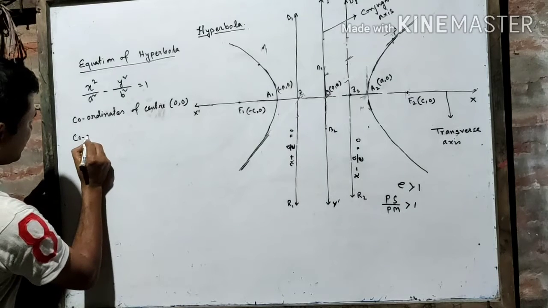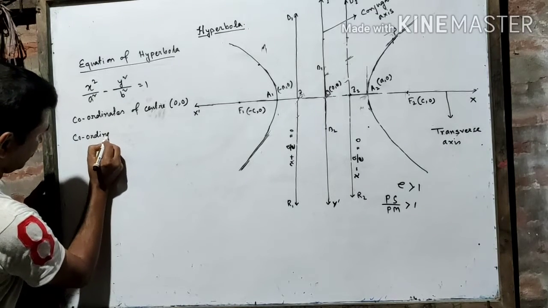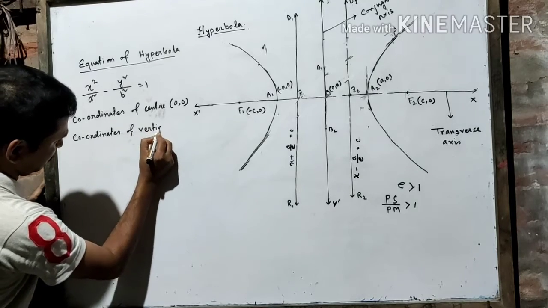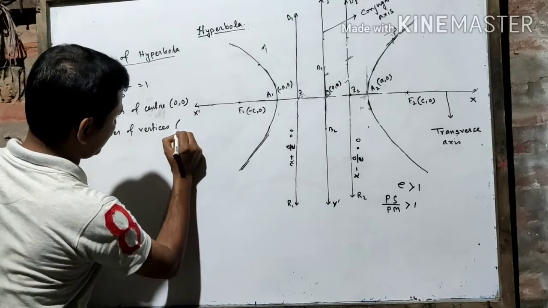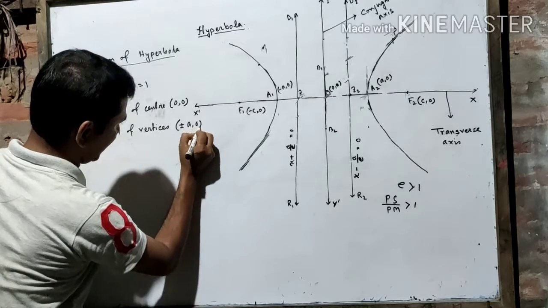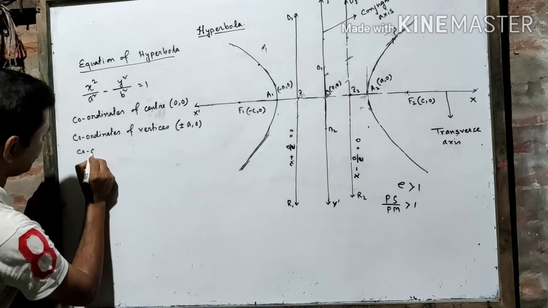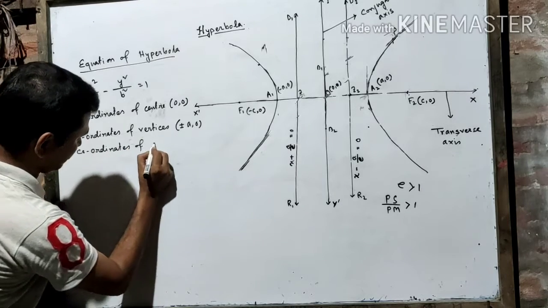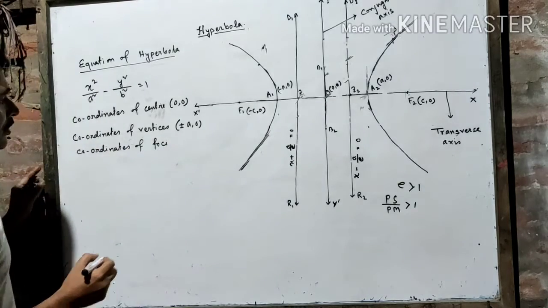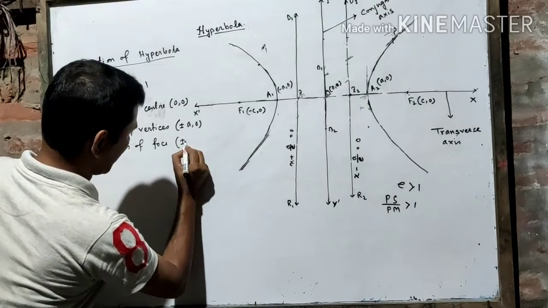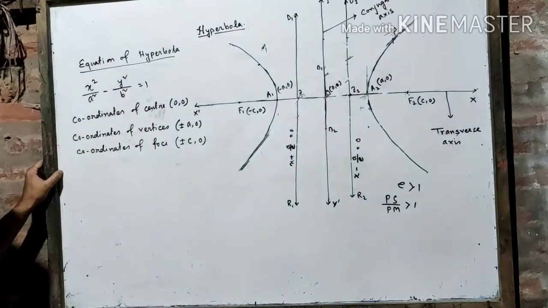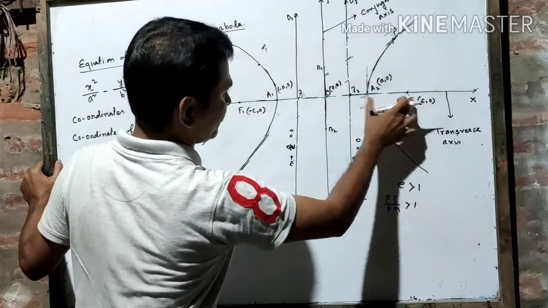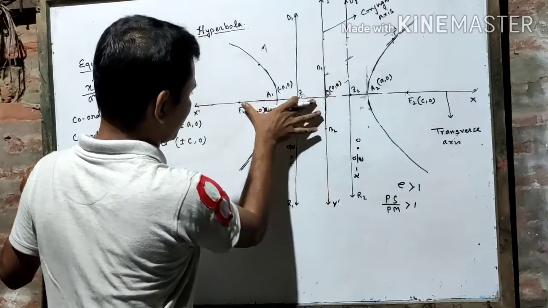Coordinates of vertices: plus minus a, 0. Coordinates of foci: plus minus c, 0. Okay, this length is your c. From origin to F2, this length is c, or this length is c.